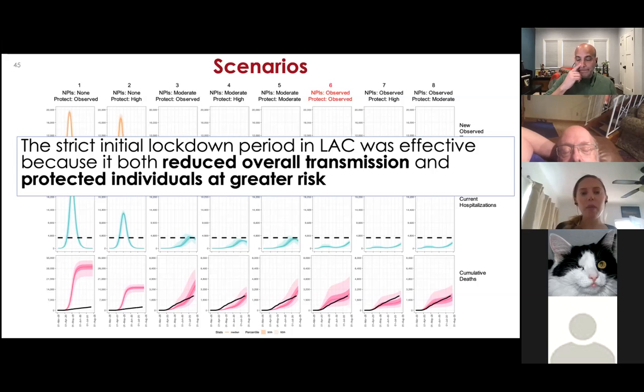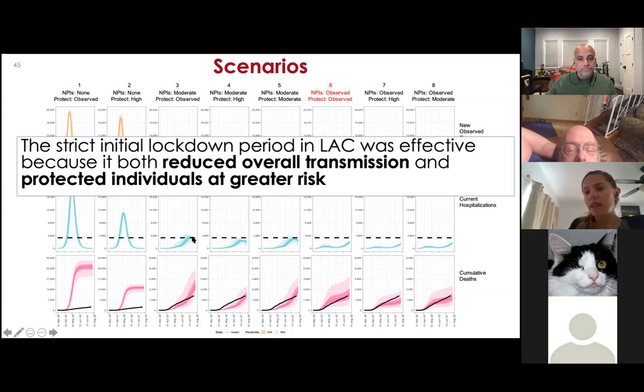So if we look at some of the policies that just protected individuals of advanced age, but didn't bring down the overall transmission rate, for example, if we had the moderate NPI policy, the moderate transmission rate policy, we would have exceeded healthcare capacity, and we would have doubled the number of deaths.